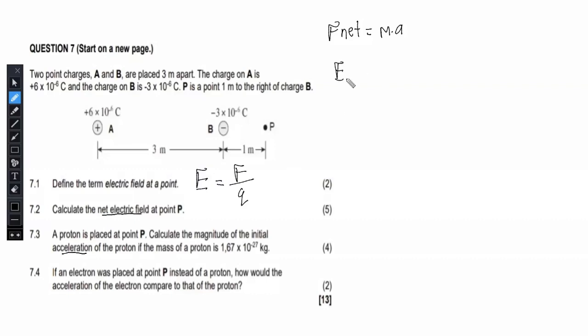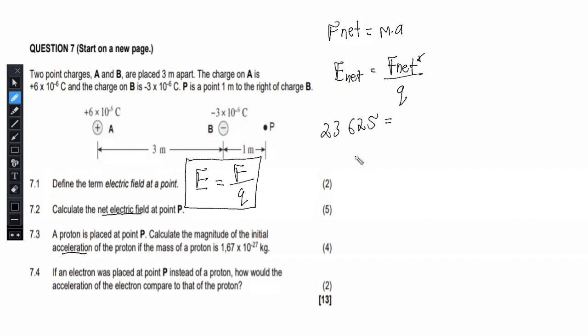Whereby we can say that our E net will be equal to the F net over Q, right? So we just make edits to it and then put E net and F net, right? So, but basically the formula that we are applying is this one, so that we can end up having our F net.